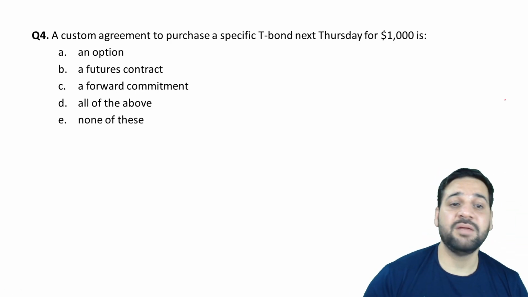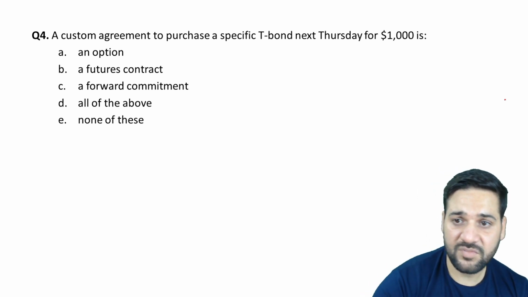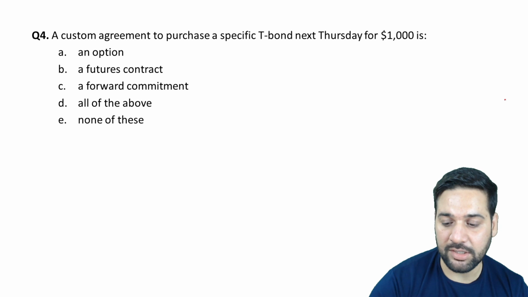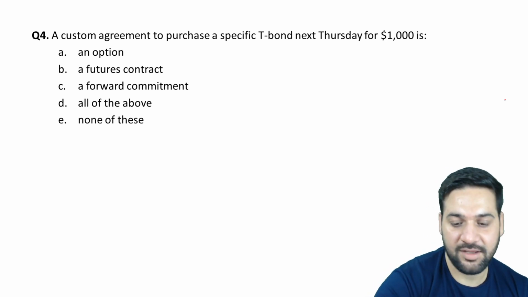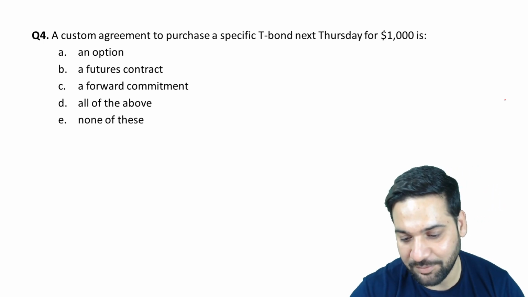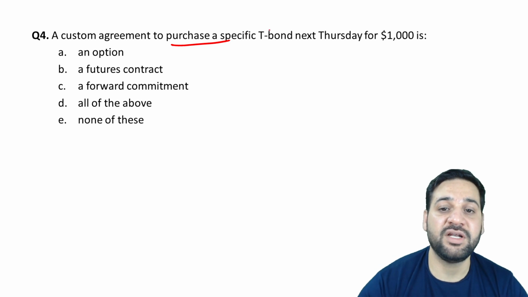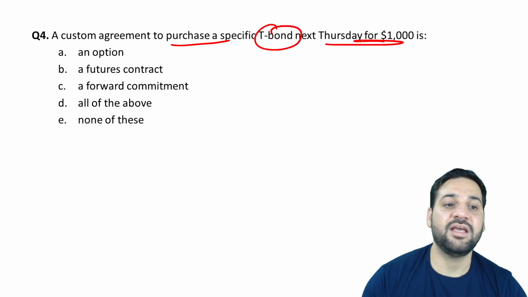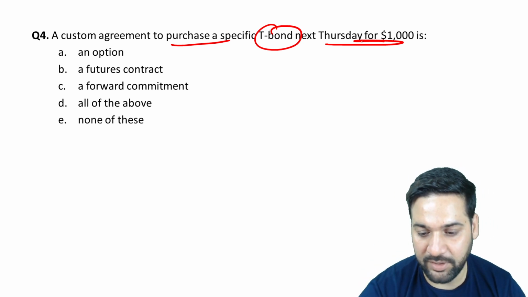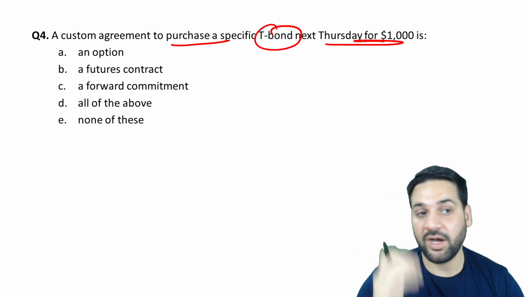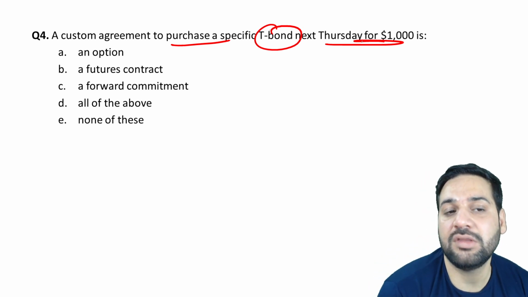A custom agreement to purchase a specific T bond next Thursday for $1,000.